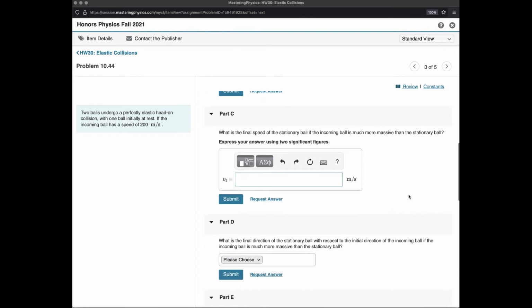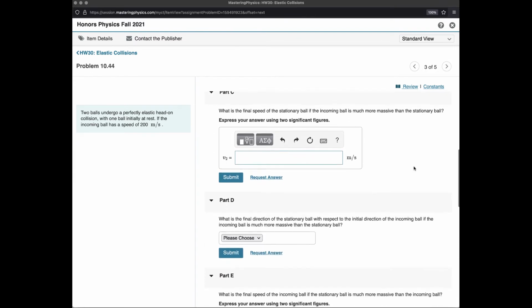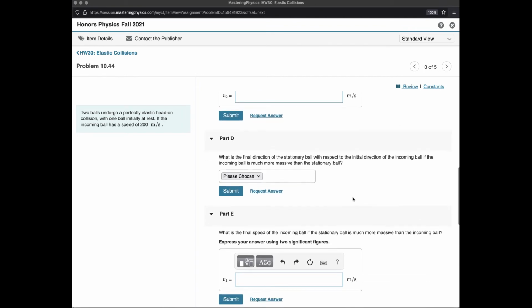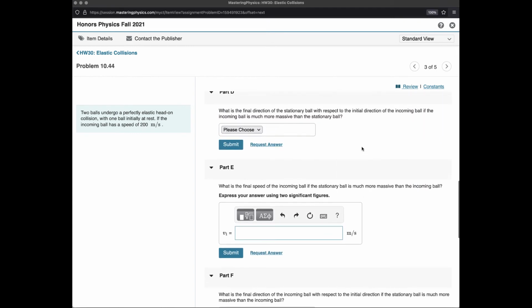You need to write out that equation and consider what happens when the velocity of A does not change. Then you'll be able to work out the final speed of the stationary ball. It turns out that speed should be significantly large. And the same is true for the rest of the parts of this problem. It's all working out according to that conservation of energy equation.